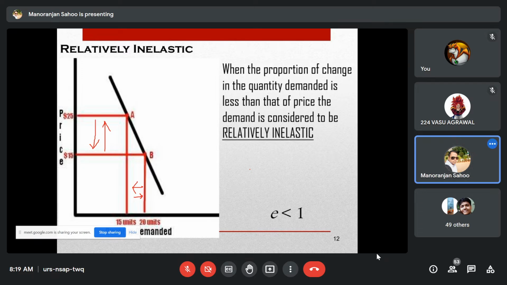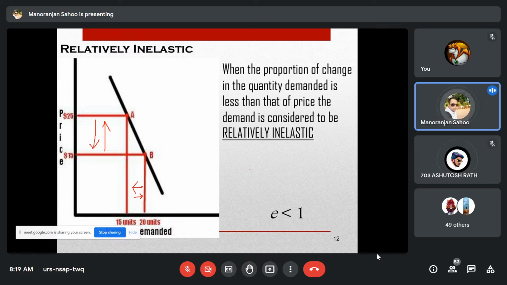Demand for salt: is it elastic demand or inelastic demand? Anybody? Inelastic, sir. Inelastic demand, because for a large change in the price, your demand might change by very little. If the price of salt, suppose it is 40 rupees, becomes 10 rupees, then you may think to buy a little more salt.